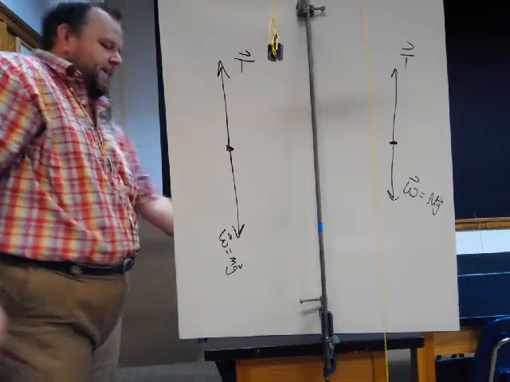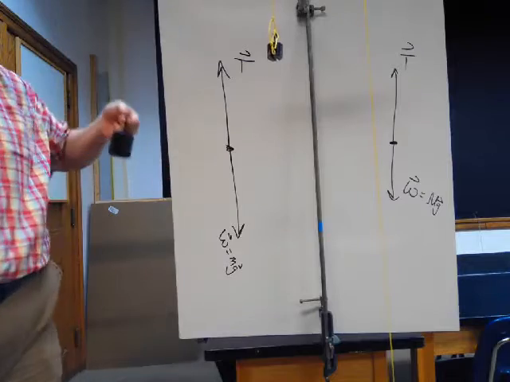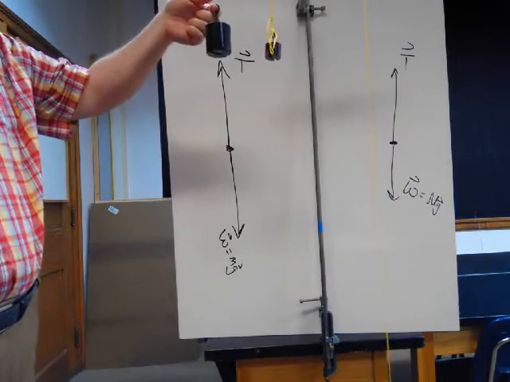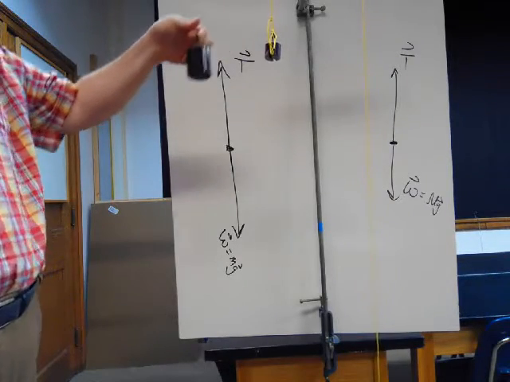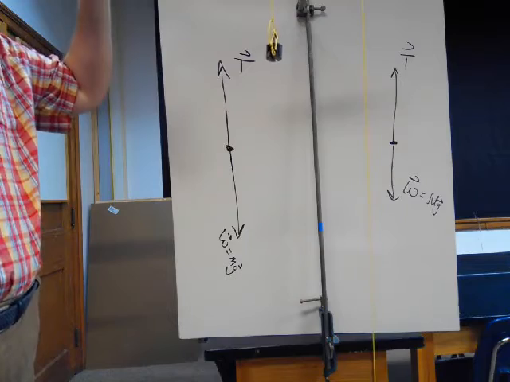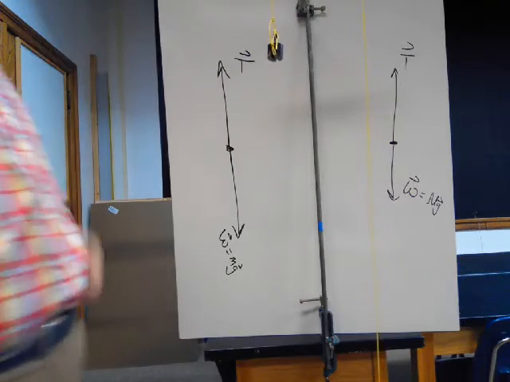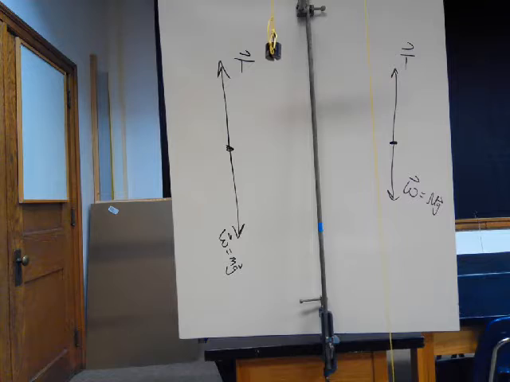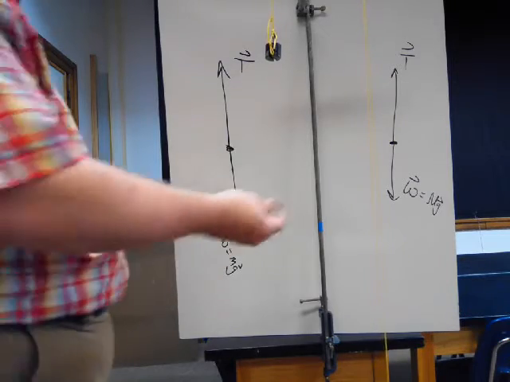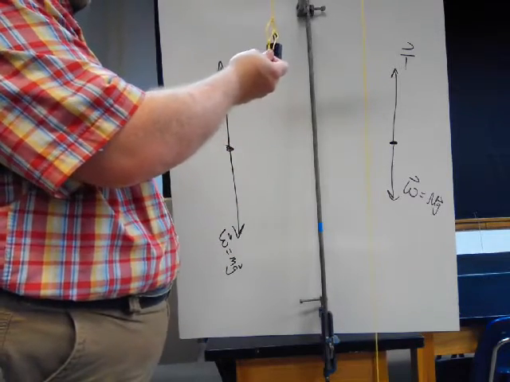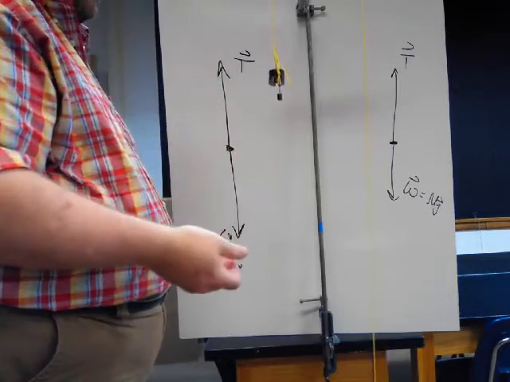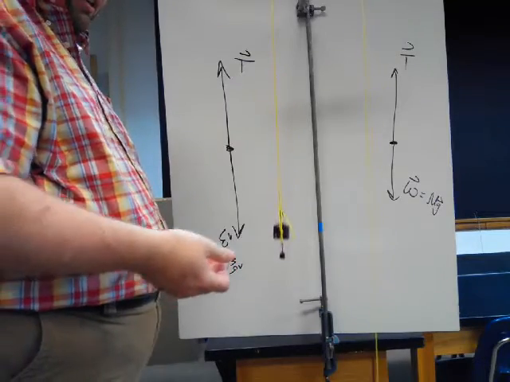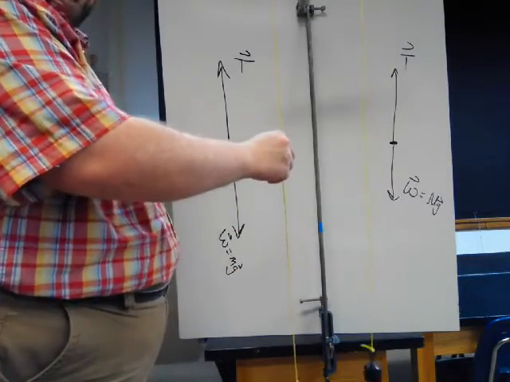I can take a weight and I can just drop it, and when there is no tension involved, it just falls. Right? It's just gravity. And so you know the acceleration from that. That's 9.8 meters per second squared. But when it's just an unbalanced system like this, it's not necessarily clear what the acceleration should be.